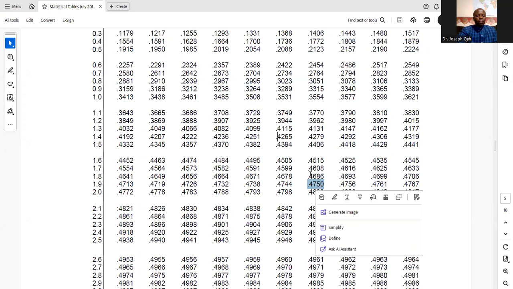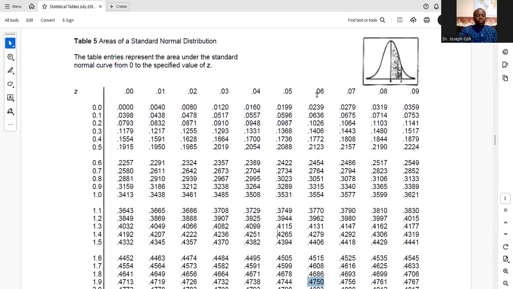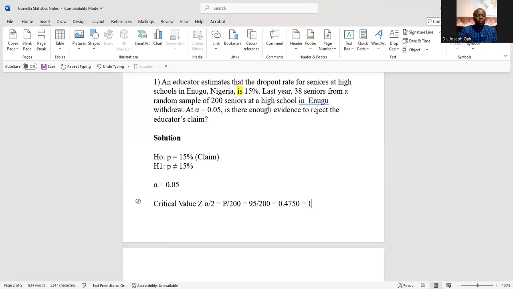Then you follow it up: 6. So 1.96. So the critical value is 1.96. Now, we have stated the hypothesis and identified our claim.